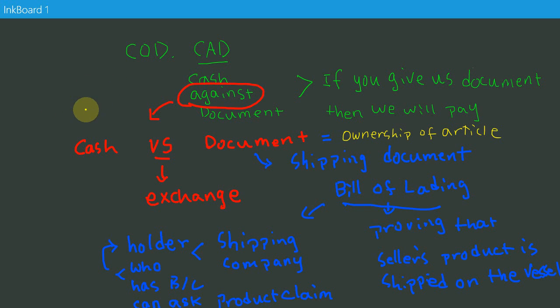Okay, so as an exchange, money, cash, and document.